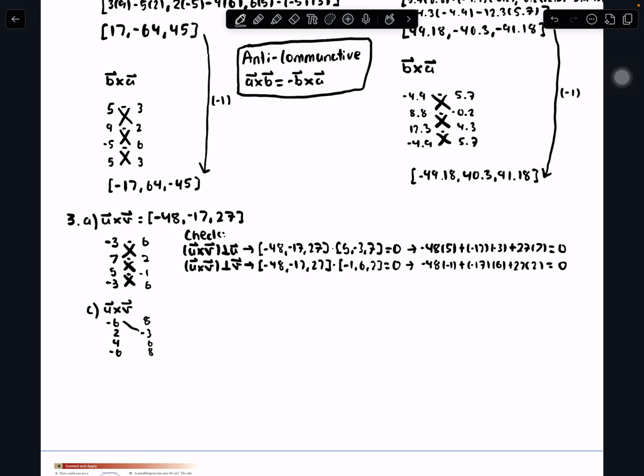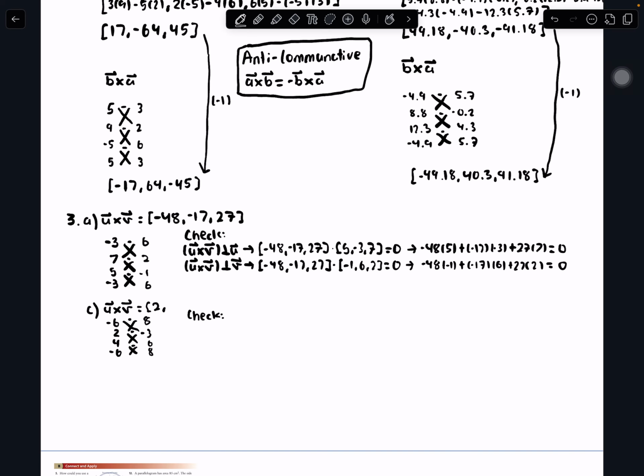Okay. Cross, cross, cross, cross, cross, cross. Subtraction symbols. This time we get negative 6 times negative 3 minus 8 times 2.